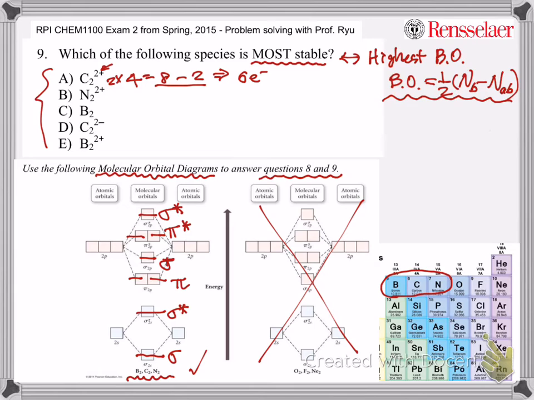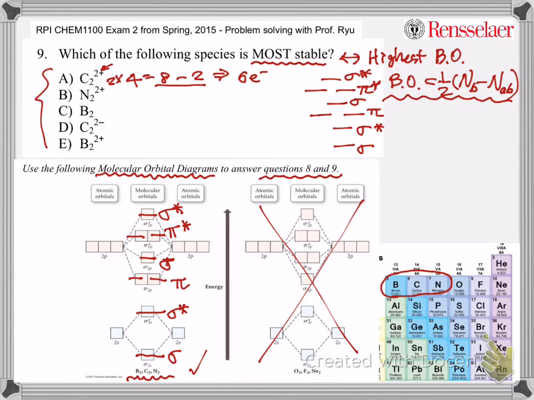Okay, 6 electrons, and I'm going to draw this case where sigma, sigma star, pi, sigma, pi star, sigma star, because this is a diatomic molecule of the lighter atoms.